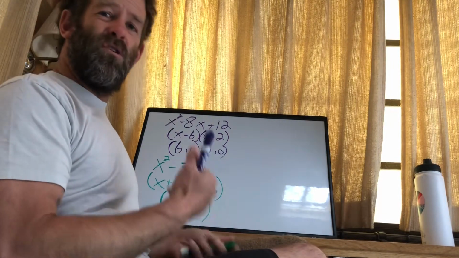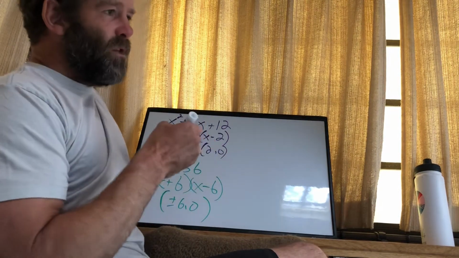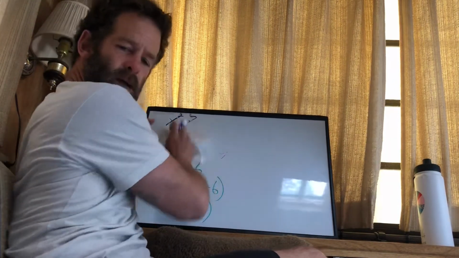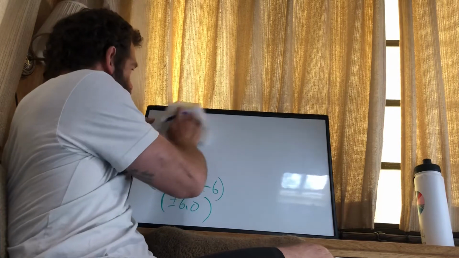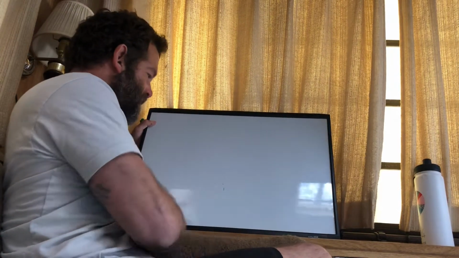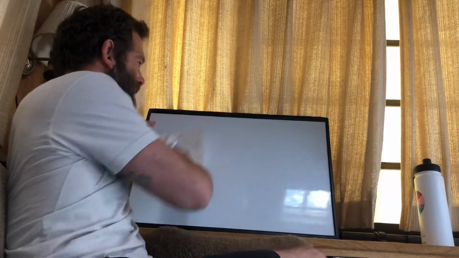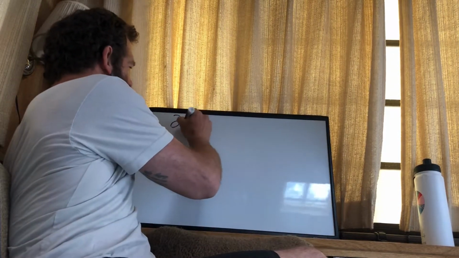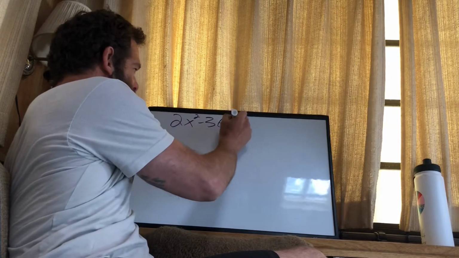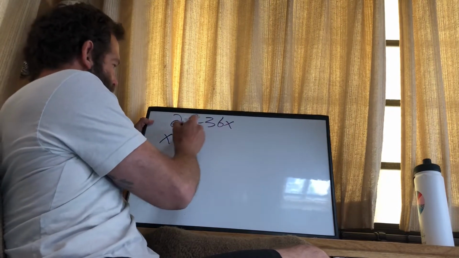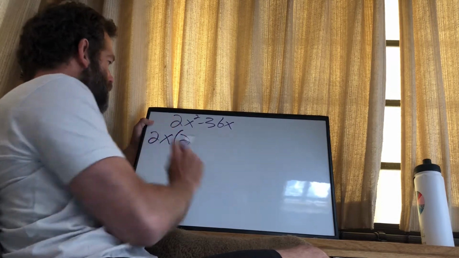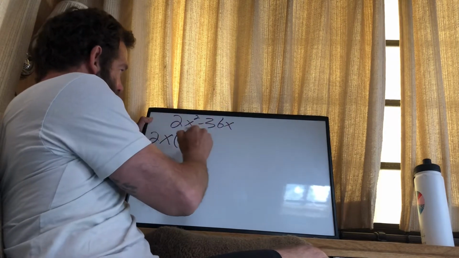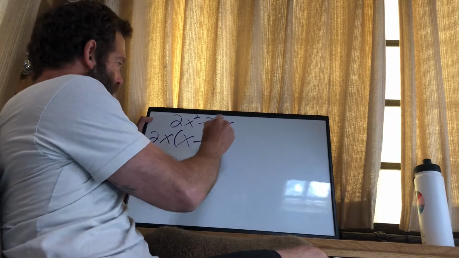Next thing is, when there's no real pattern, you can always factor out a term. And I give you an example question of 2x squared minus 36x. And I say, the directions will be like find the roots. It's not going to be that easy, but they'll be incorporated in the question. So if you have 2x squared minus 36x, you can pull out an x from both of these terms, you can pull out a 2 from both of those terms and an x to give you 2x times x minus 18.